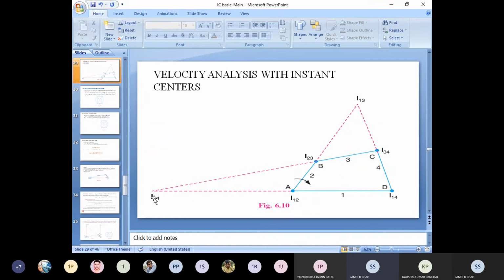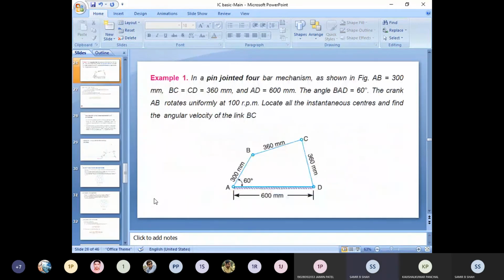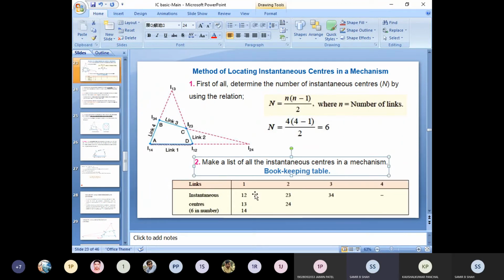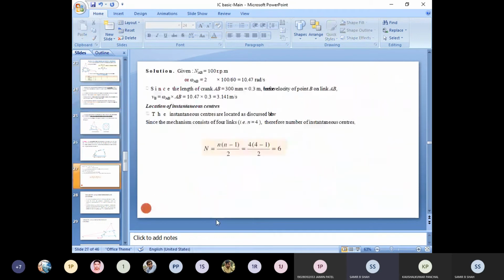After finishing this diagram, we have to follow this table. Links and I centers: we write all the links 1, 2, 3, 4, and where we get I12, I13, I14 as shown in the previous slide.